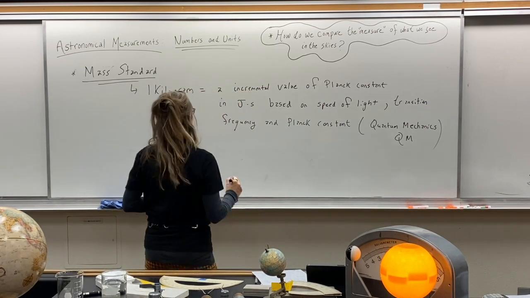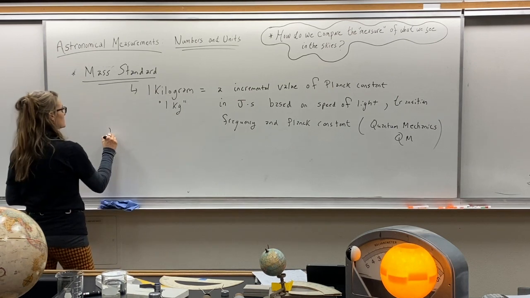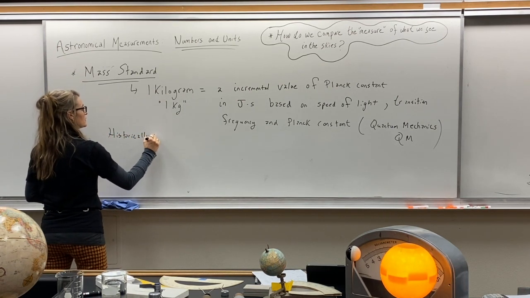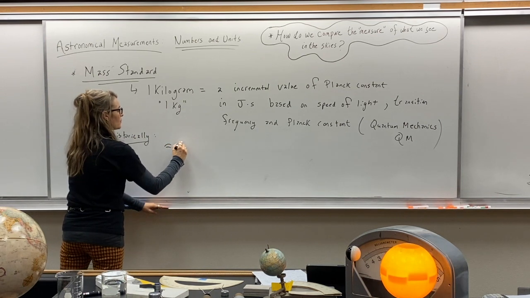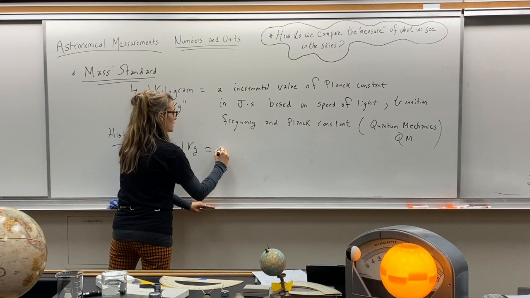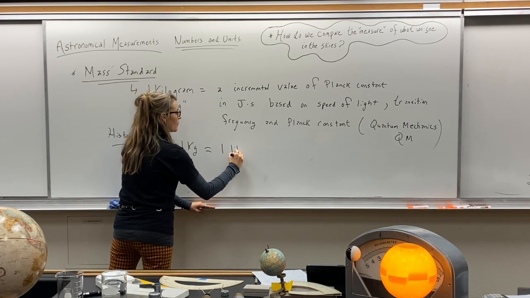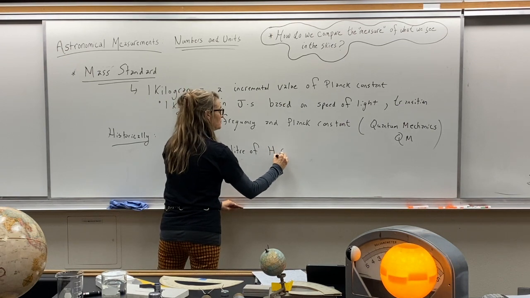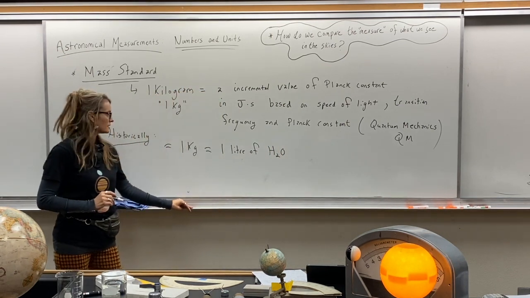That is what they used to want to define 1 kilogram to be, but it was slightly off. Historically, we would say 1 kilogram was approximately equal to 1 liter of water, H2O. A little slightly off.